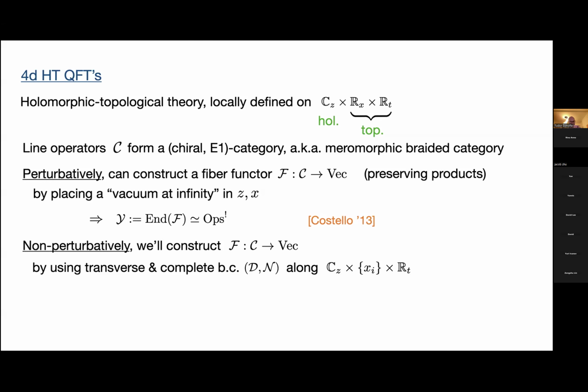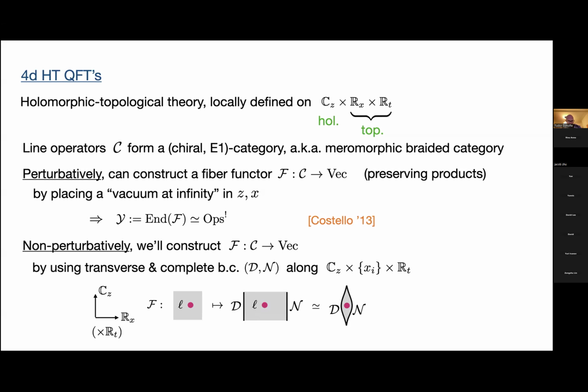So I want to assume that there do exist boundary conditions that can be placed at points in the x direction. So the boundaries have one holomorphic direction and one real topological direction, and are topologically invariant along R_T. And I'll impose the same transversality conditions that I mentioned before.